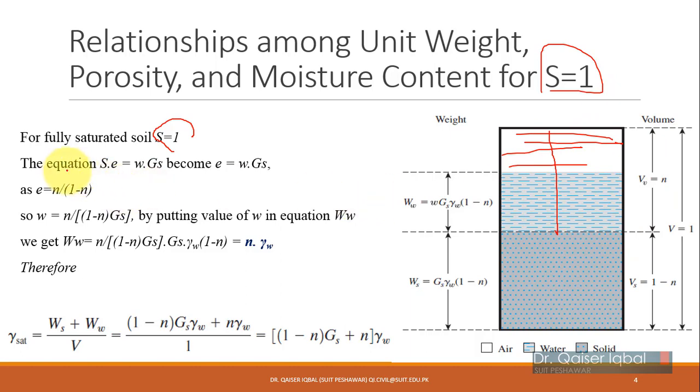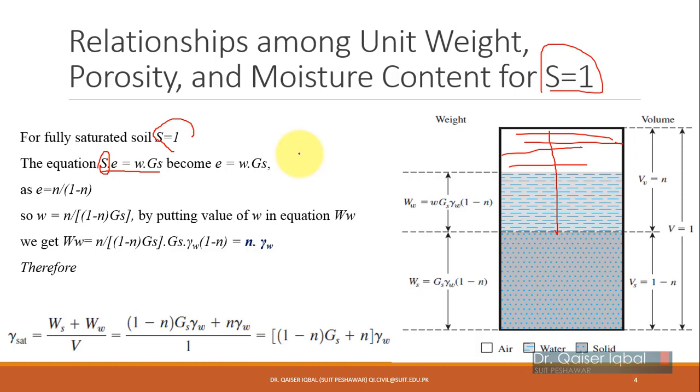So from our previous equation, which we determined previously, S times e is equal to w times Gs. Now we know that S here is equal to 1 because the soil is fully saturated, and we want to develop a correlation for fully saturated soil.